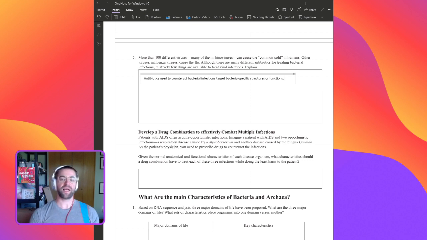So it's a lot more difficult to find something that a virus requires for its function and replication that is not also required by the host for its normal metabolic functions. So let's go ahead and write that down.